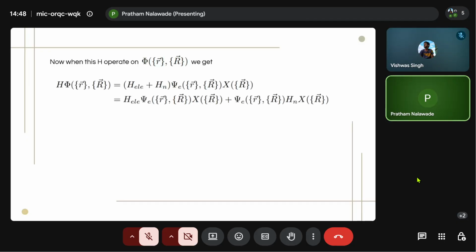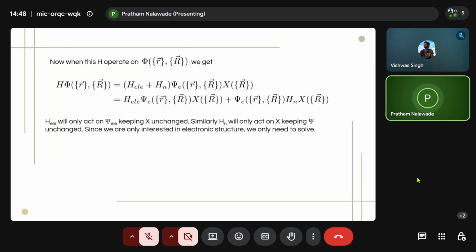So you can see that H is my total Hamiltonian on the left hand side, and when I operate this on my wave function, which I have already separated out, the electronic part of the Hamiltonian will only act on psi of e, while the Hn, the nuclear part of the Hamiltonian, will only act on chi of R.